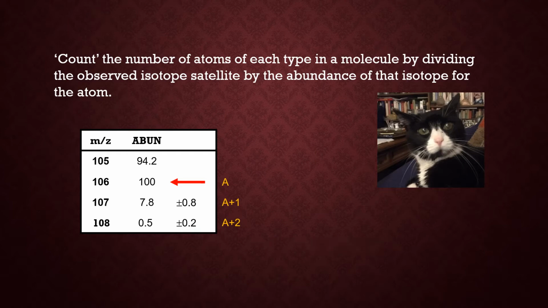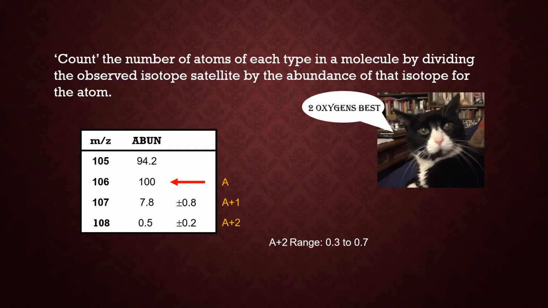When we look at the A+2 and apply the error bounds, it looks as though we have an A+2 range with the error of 0.3 to 0.7. Looking at the abundance absolute, we would say that 2 oxygens is the best fit. However, with the A+2 error bounds, we have to consider everything from 1 to 3 oxygens being a possibility.